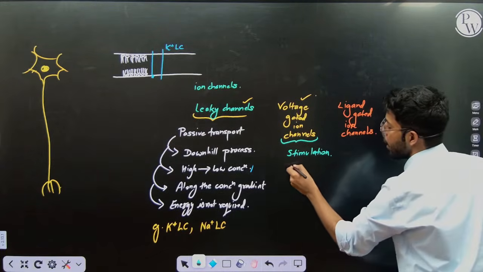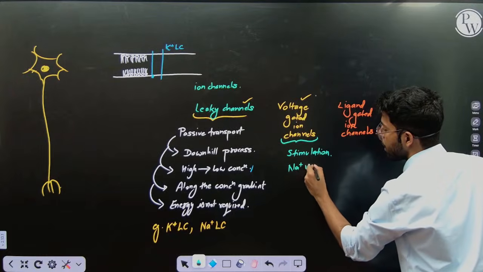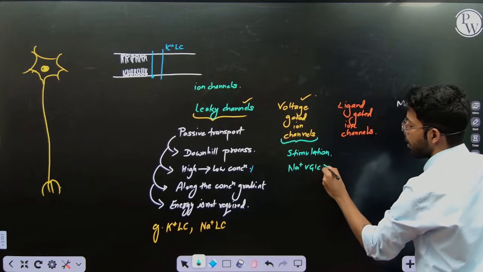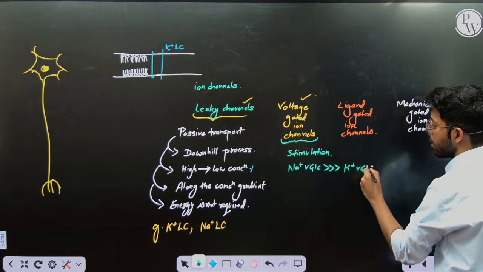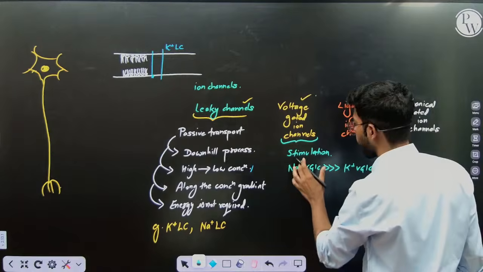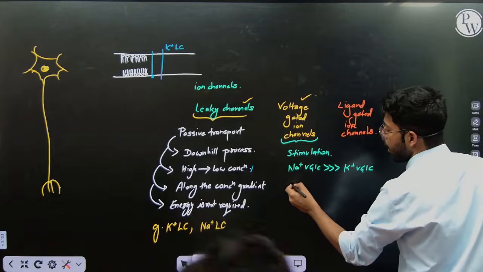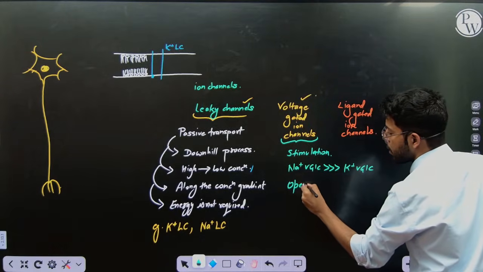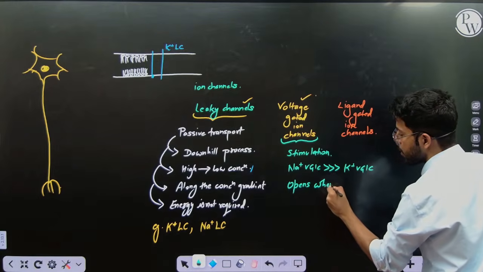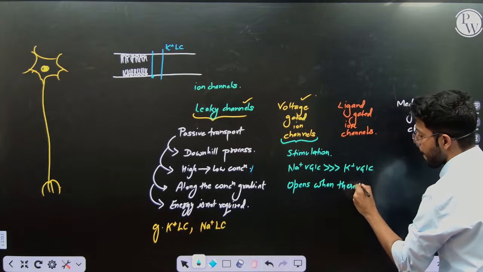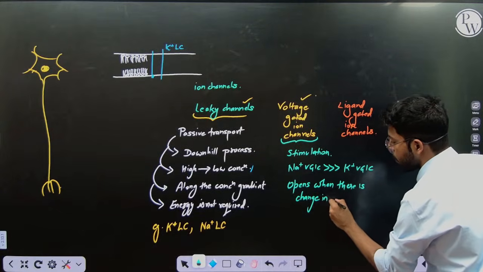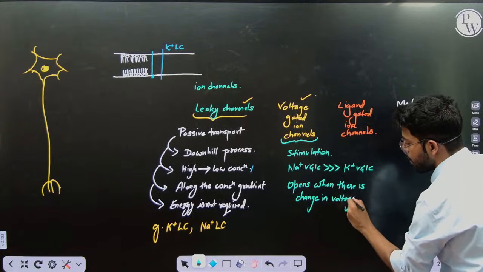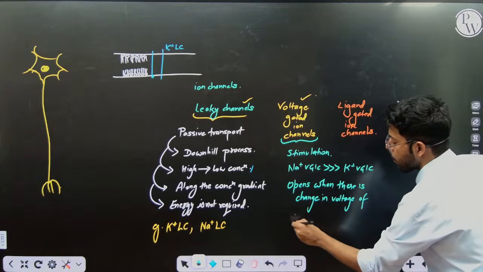And we have more sodium ion voltage gated channels than potassium ion voltage gated channels, and they always open when there is a change in voltage of the plasma membrane.